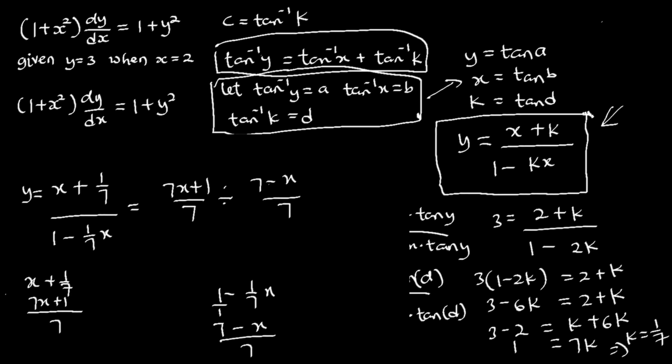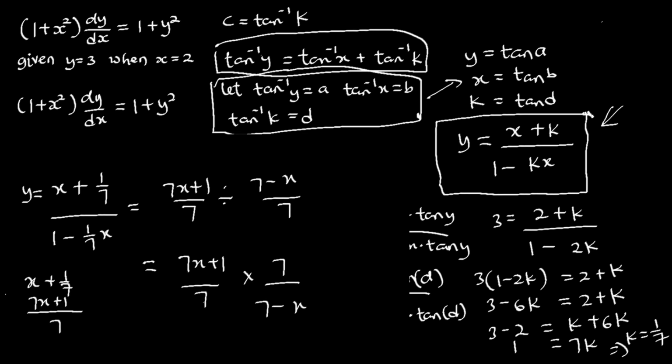So you're going to reciprocate the second term. This will be equal to 7x plus 1 over 7 times 7 over 7 minus x.